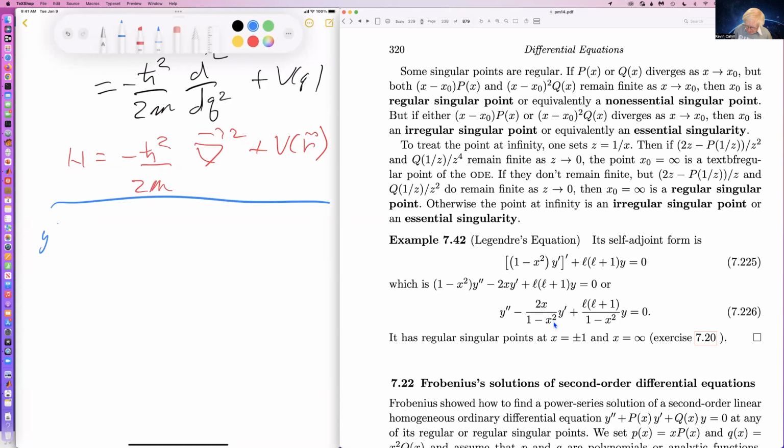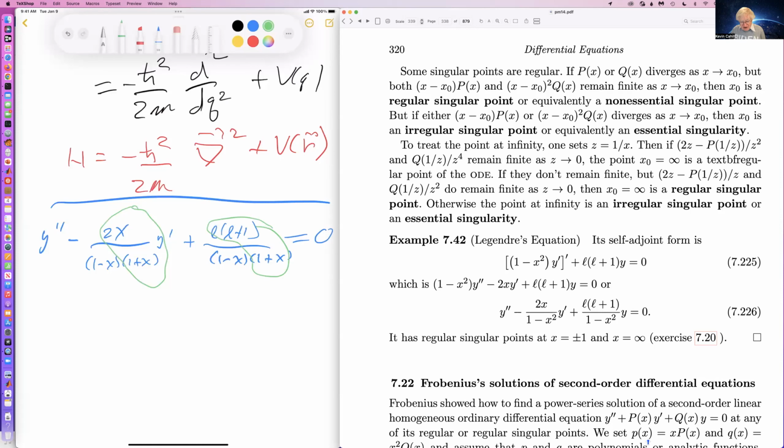We can write this as y double prime minus 2x over 1 minus x, 1 plus x, y prime, plus l(l plus 1) over 1 minus x, 1 plus x, equals 0. If we're looking at the singular point x equals 1, and we multiply by x minus 1, what remains is just this and this, which is finite at x equals 1.